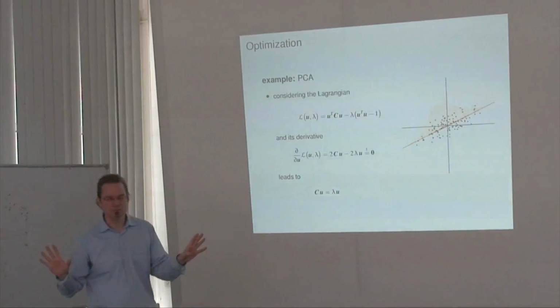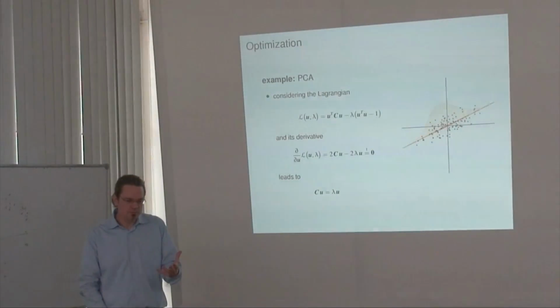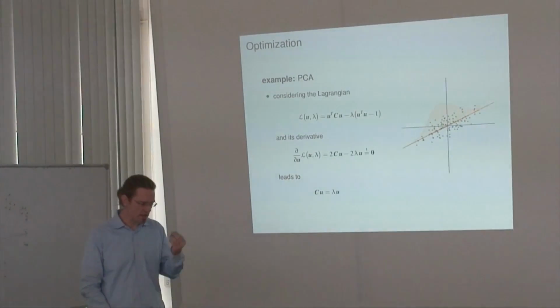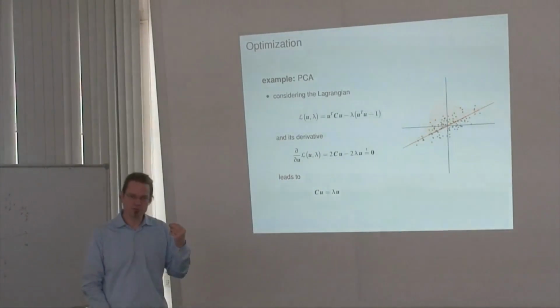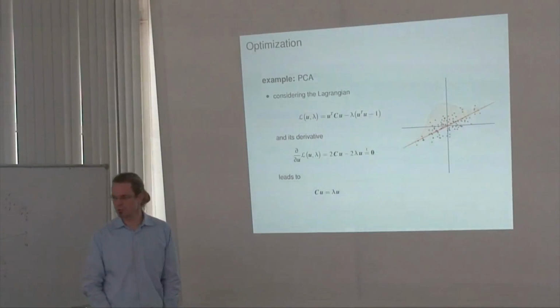I'm just telling you that a problem you are all familiar with, principal component analysis, is at its heart a constrained quadratic optimization problem. That's the whole purpose of this exercise.